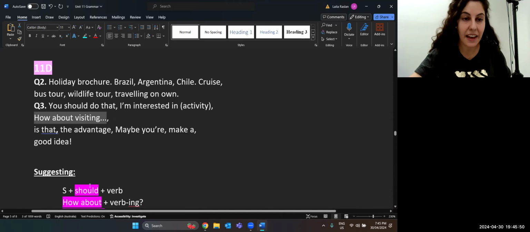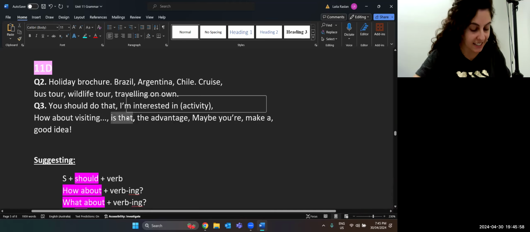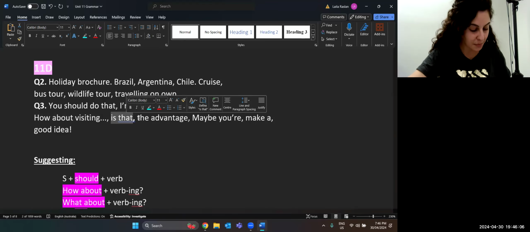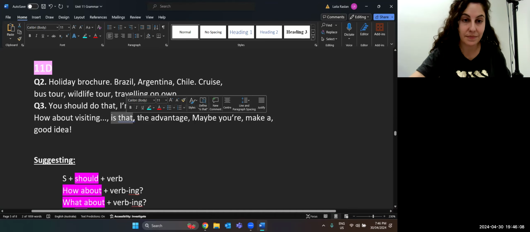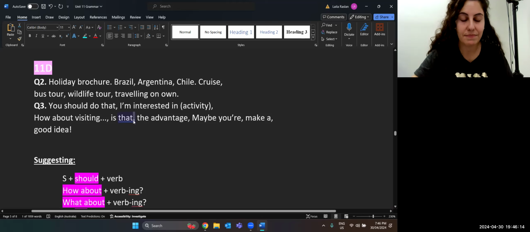But the disadvantage, that means the bad thing, is that there are a lot of other people with a bus tour. Okay, so the disadvantage means what's the bad thing?